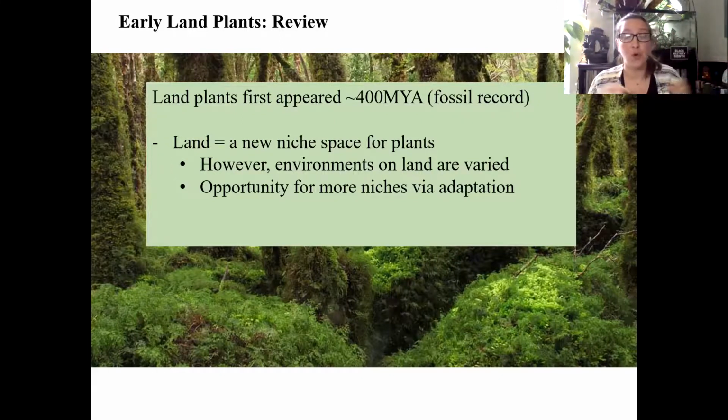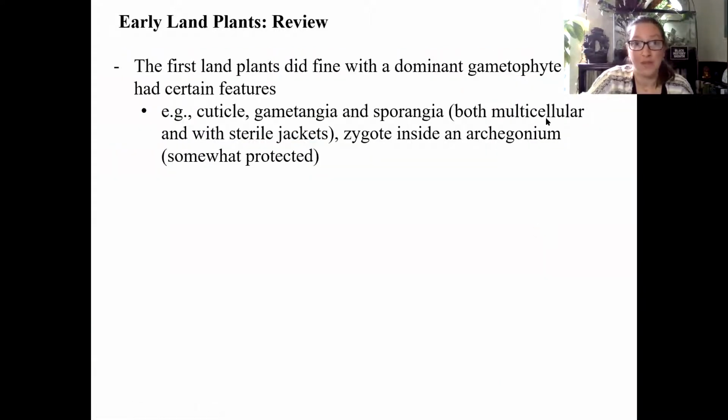So in order to survive in a given environment, you're going to have to evolve certain structures for it to work. Some structures will be just fine in certain environments, and other environments will require additional structures. First land plants did fine with a dominant gametophyte that had certain features.